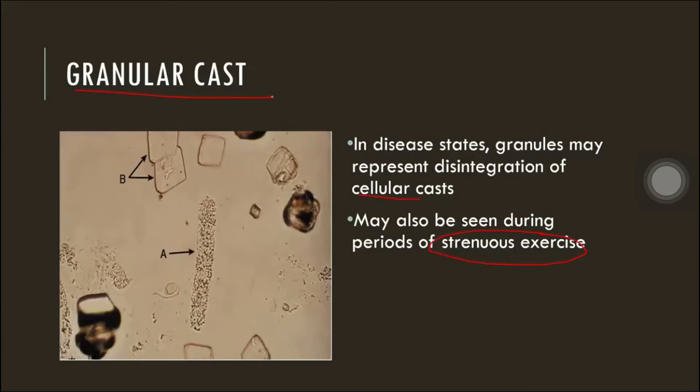Okay, kasi in granular cast, it may represent disintegration of the cellular cast. Okay, usually in granular cast, it may indicate some form of urinary stasis. Okay, kasi ang trend natin for kidney disease progression is actually nagsa-start sa cellular casts. Okay, from the cellular casts, kapag nagkaroon ng urinary stasis or abnormality na hindi mo ma-excrete lahat ng urine mo, okay, from cellular, mag-disintegrate into granular.